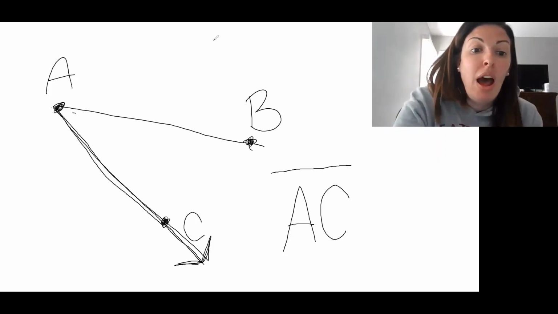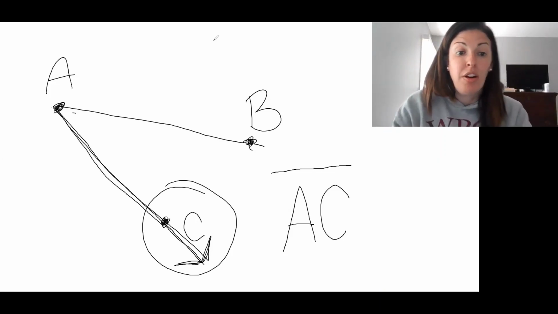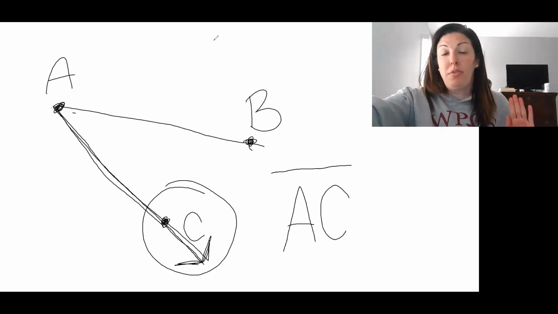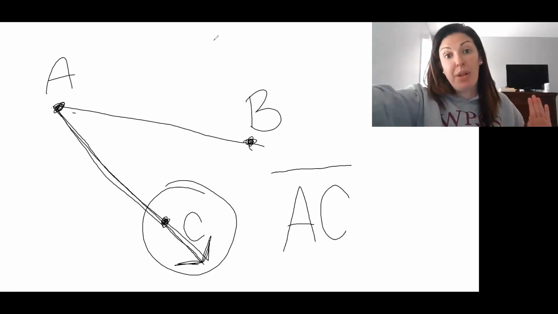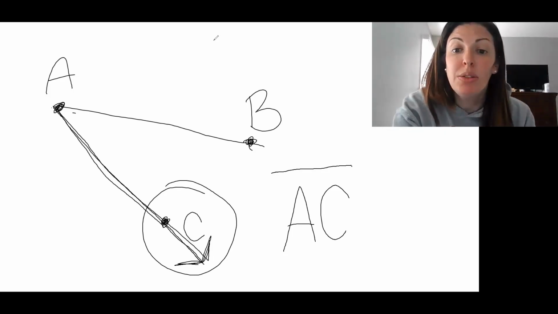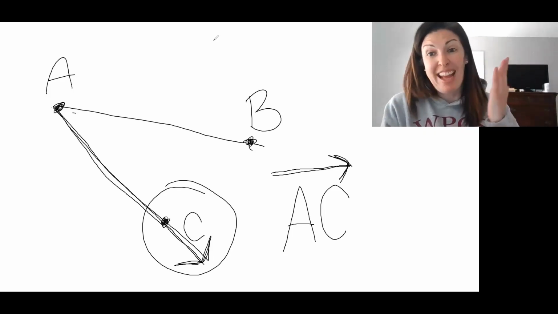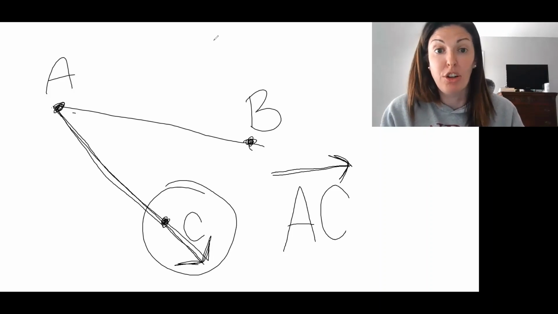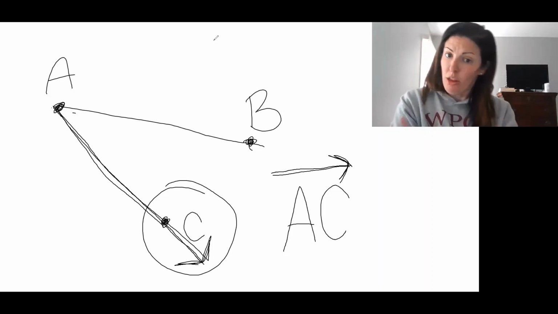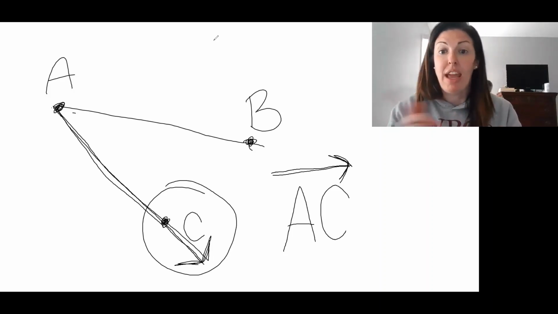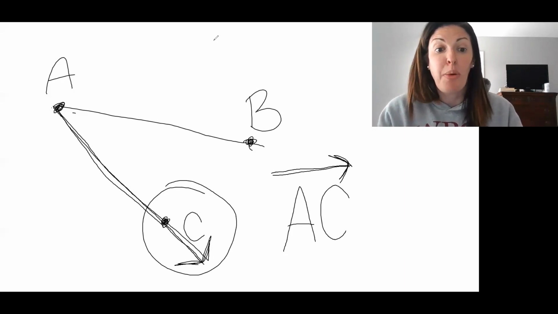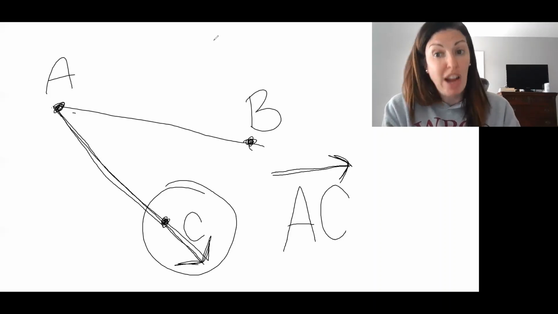However, right here is where my ray goes on forever and ever, past point C. So what I need to do is show that right here. On my point C, I'm going to show that that's the direction that my ray goes. If it went the other way, then I would have the arrow on the side of point A. So that we would read as ray AC.